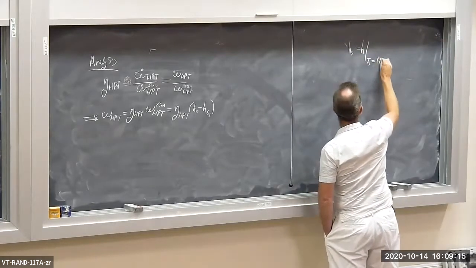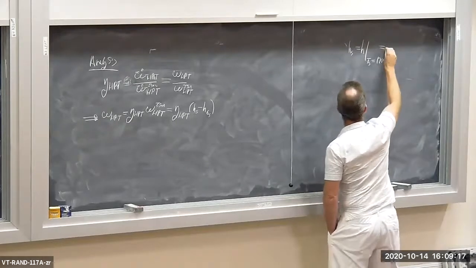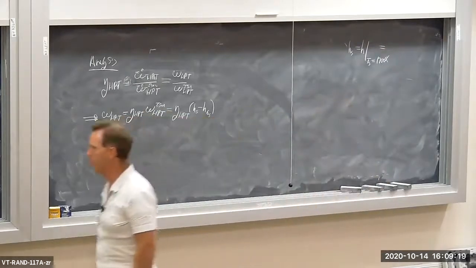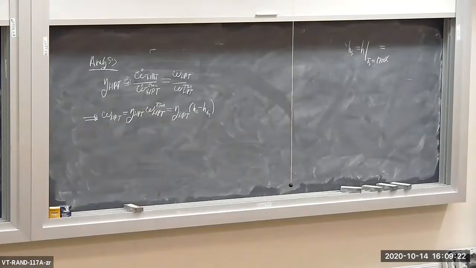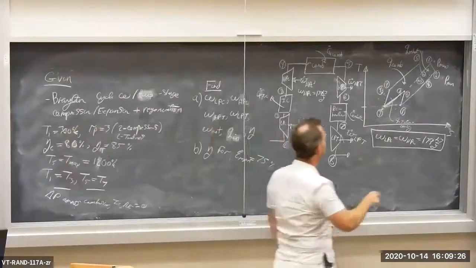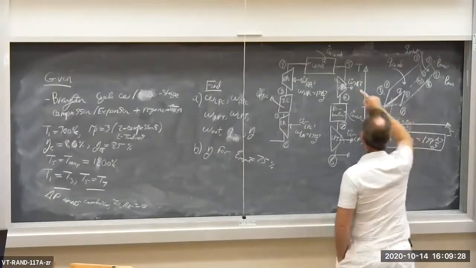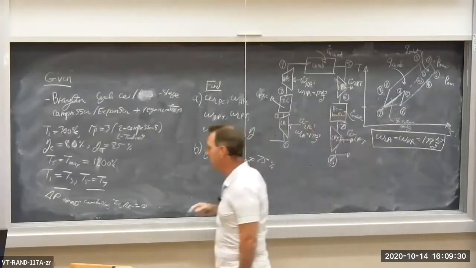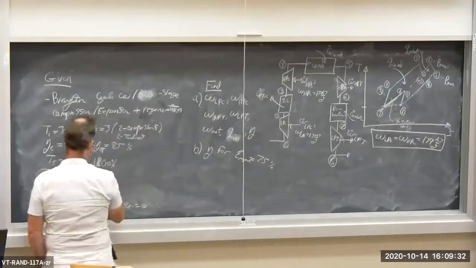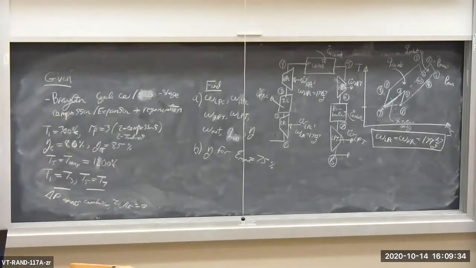What is that? 1200 degrees Kelvin? Let's have a look here. 1200 degrees Kelvin, I think it is. So the maximum temperature of the cycle, the combustor exit temperature, that is 1200 degrees, T max, 1200 degrees, looks good.